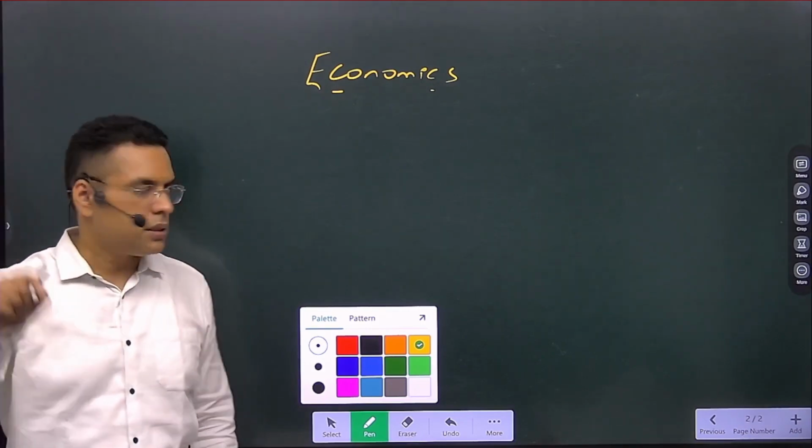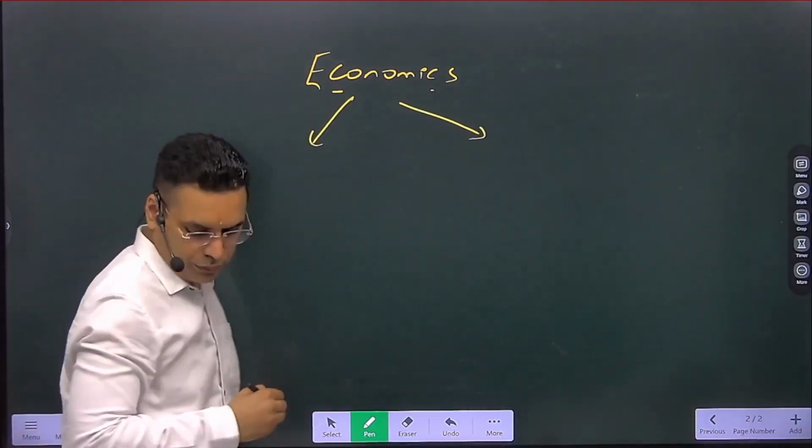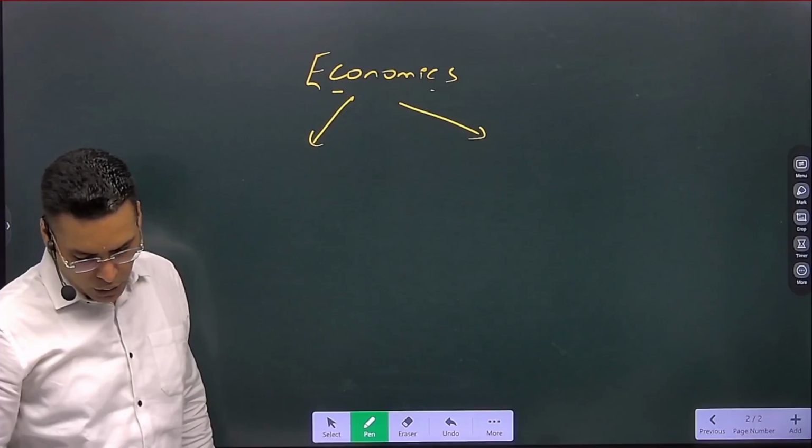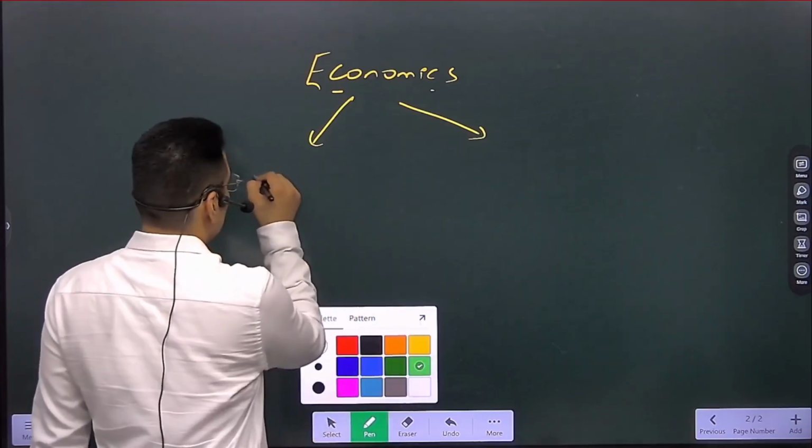Write down, the word economics has derived from two Greek words.